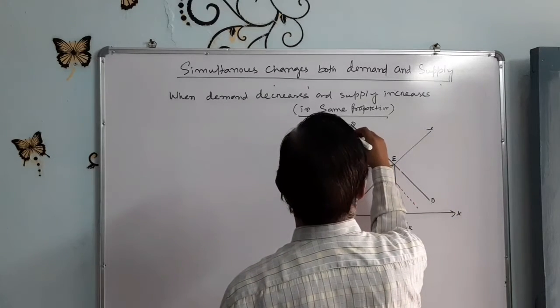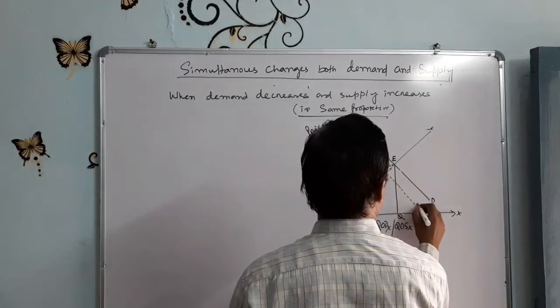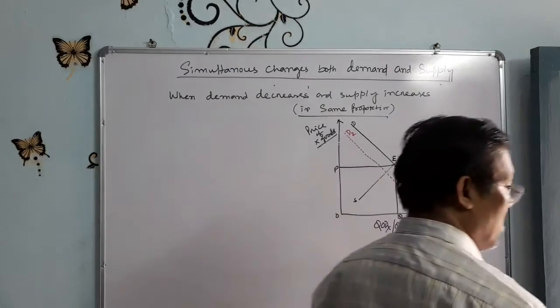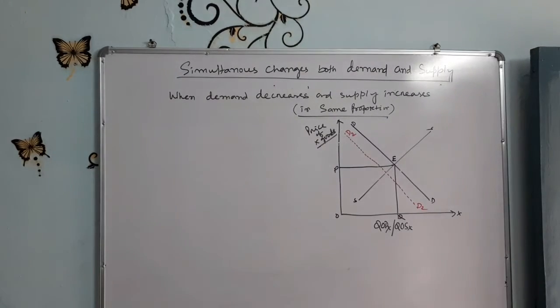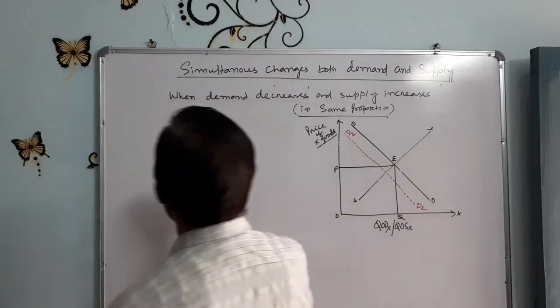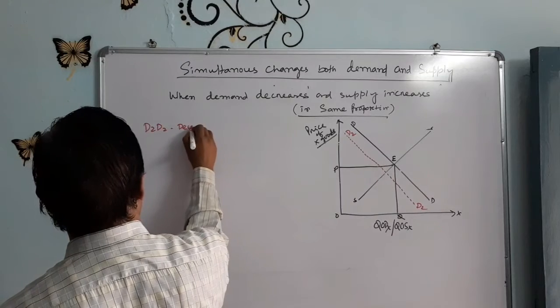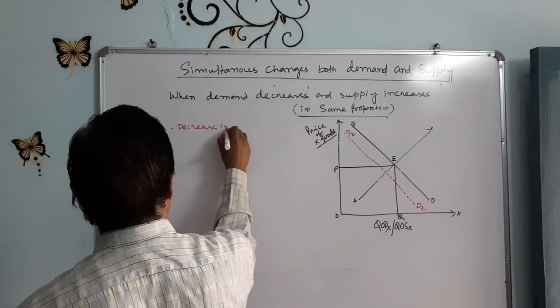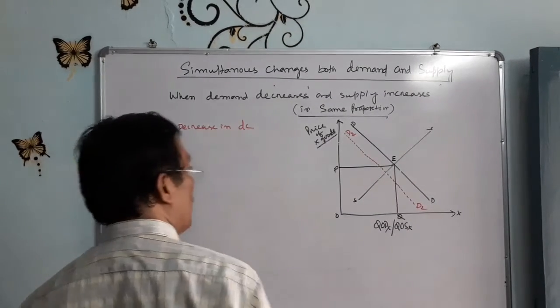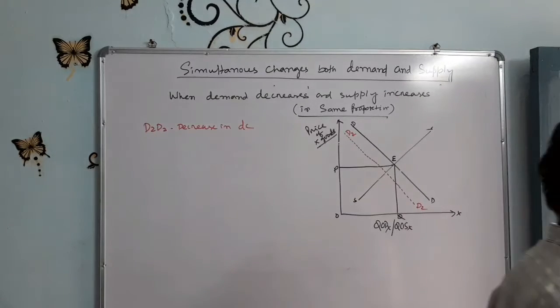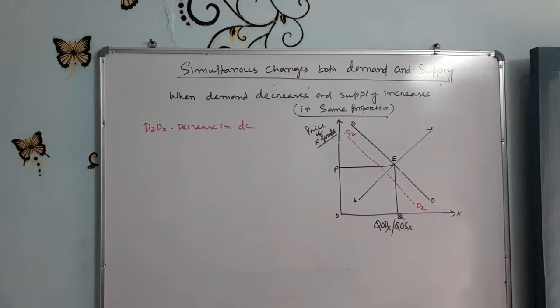D2 is the decrease in demand curve. Our question is that when demand decreases, supply increases, in some proportion. Suppose for any goods, demand is decreasing, this is purely imaginary, and supply increases.